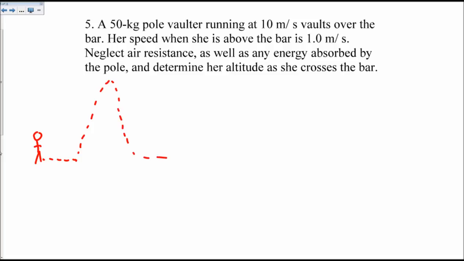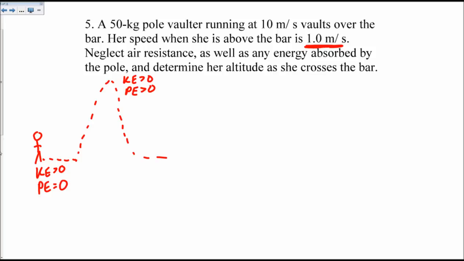Down here, she has kinetic energy greater than 0. Her potential energy equals 0. Up here, she has both kinetic energy and potential energy. Both of them are greater than 0. That's because she has a speed as she's going over the bar, right?